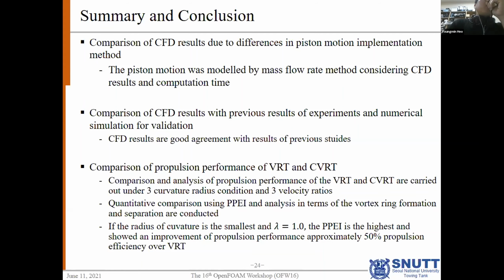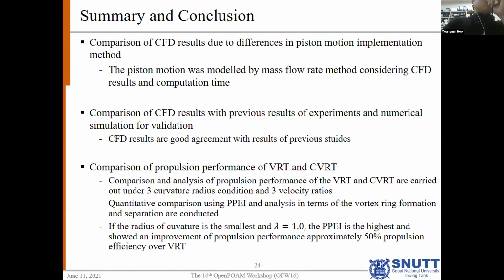Comparison of propulsion performance of VRT and CVRT. Comparison and analysis of propulsion performance of the VRT and CVRT are carried out under 3 curvature radius conditions and 3 velocity ratios.